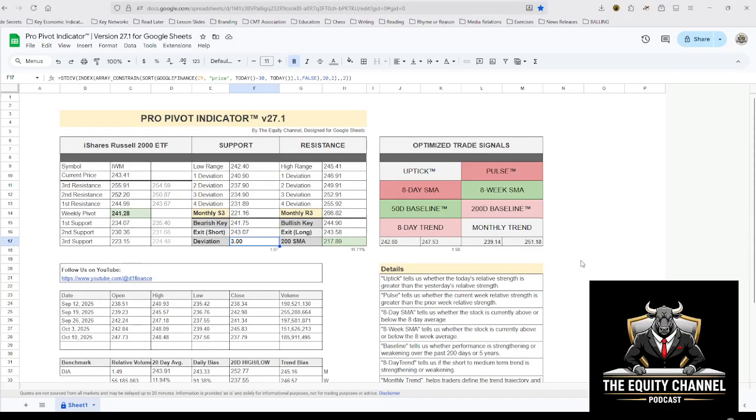So today, the goal is to help everybody understand the co-pivot indicator a lot better. All right.